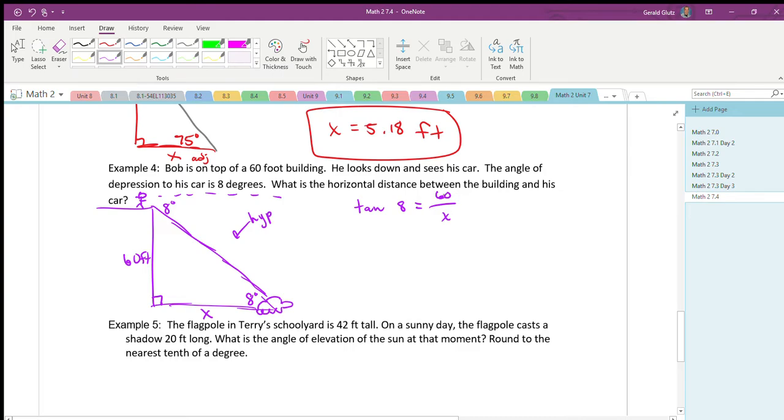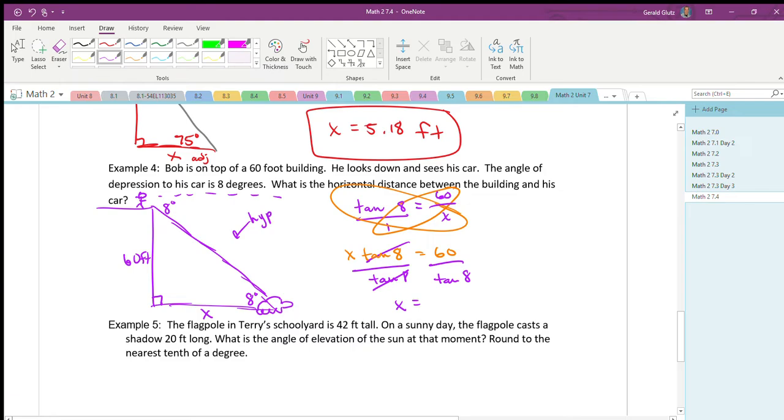So when x is on the top, I can just multiply both sides by the denominator, but if x is on the bottom, I'm going to have to cross multiply. So 60 times 1 is 60. X times tangent of 8 is just x times tangent of 8. So now to get x by itself, because that's my goal, I divide by tangent of 8 on both sides.